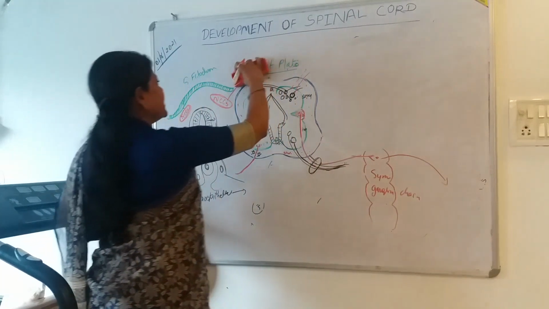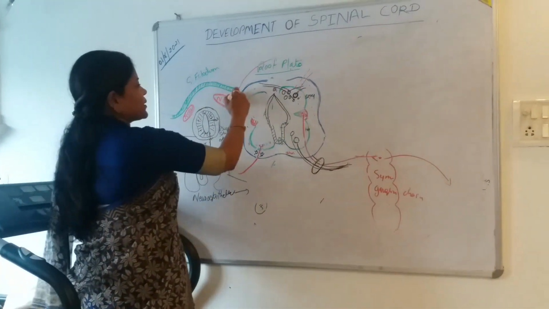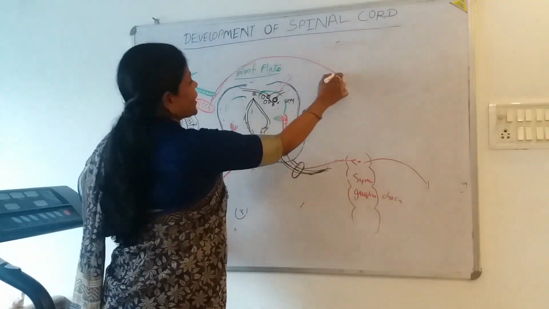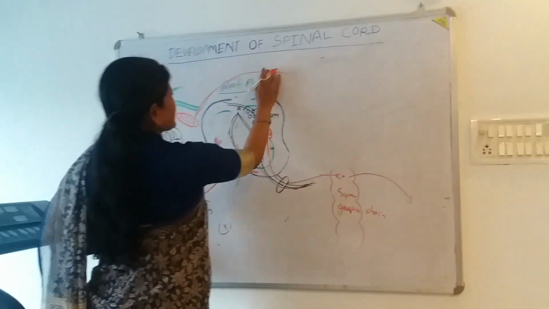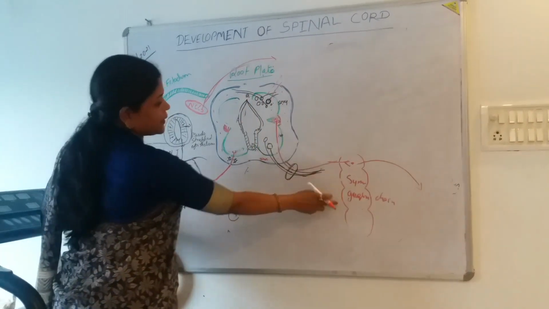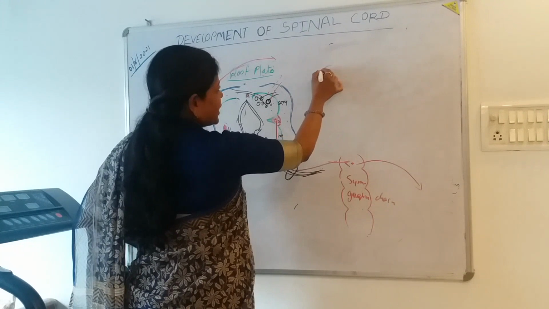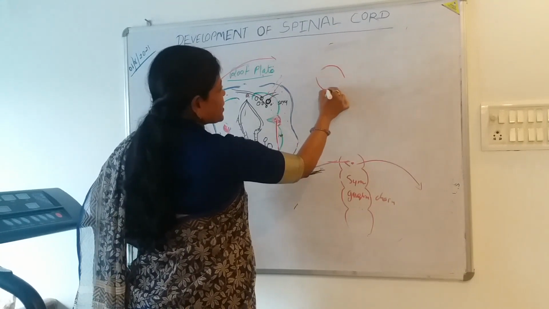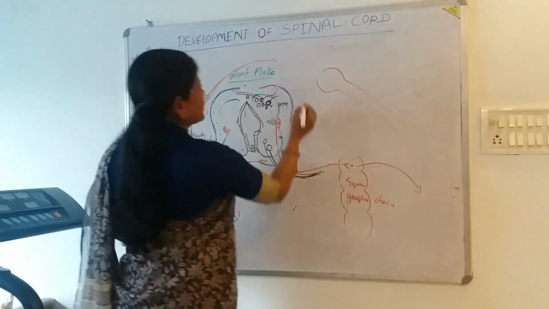Again there is the need of the neural crest cells here. Neural crest cells, what do they form? Again, on the dorsal side, the neural crest cell derivative. Just like the sympathetic ganglia, there is the dorsal root ganglia.